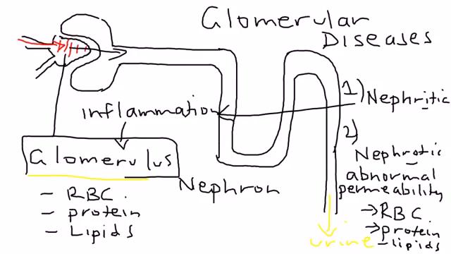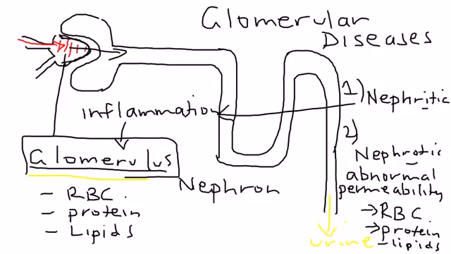And what that essentially means is that molecules that are not supposed to pass through are passing through. Abnormal permeability. There's no inflammation per se, but there's abnormal filtration going on at this level of the nephron. So those are the key differences between nephritic and nephrotic.